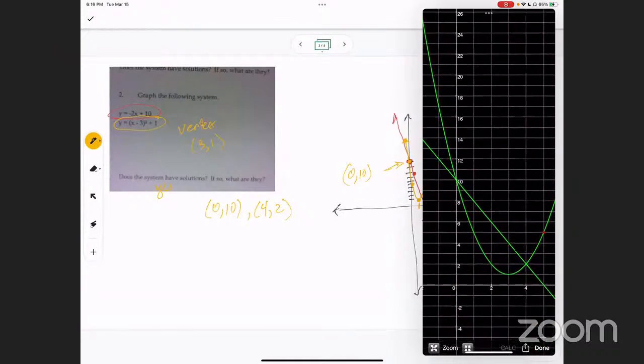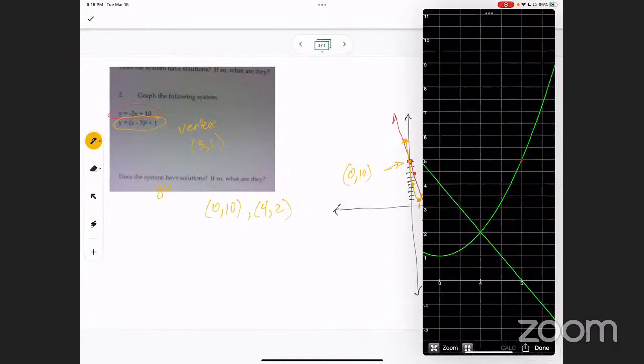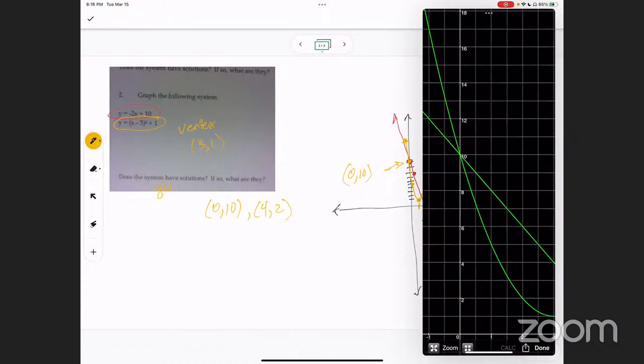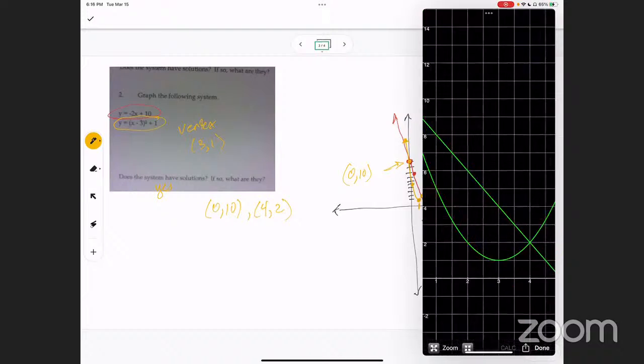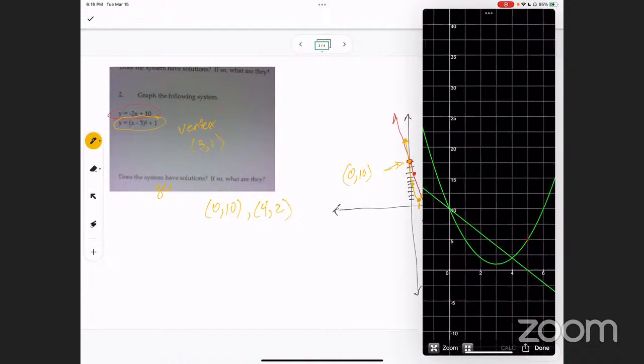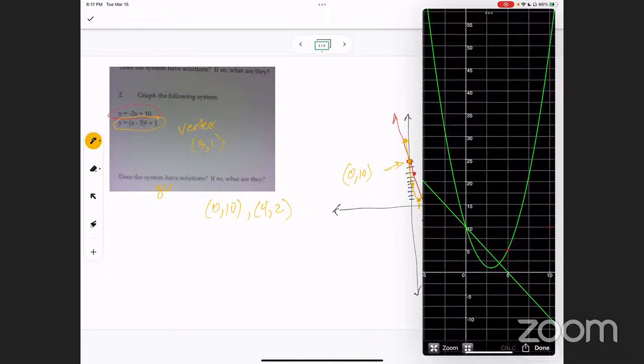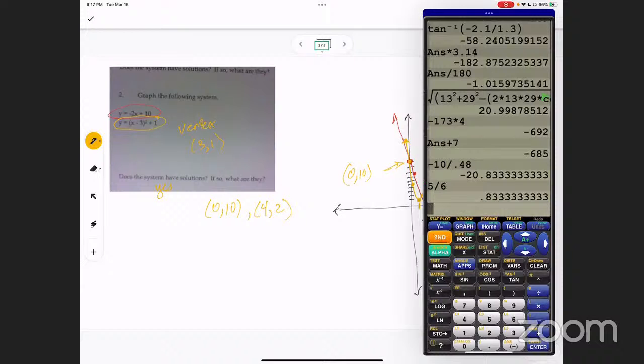Look, there it is, 4, 2, and 0, 10. Those are my 2 points, zoomed in. Okay. Got it? Love those graphing calculators.